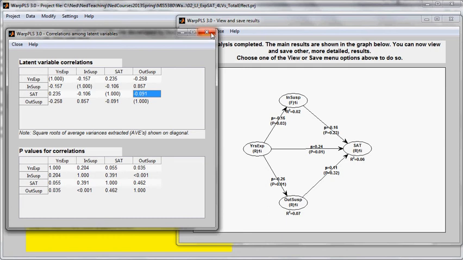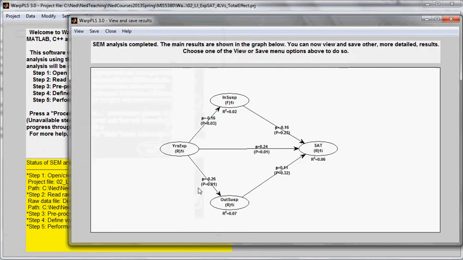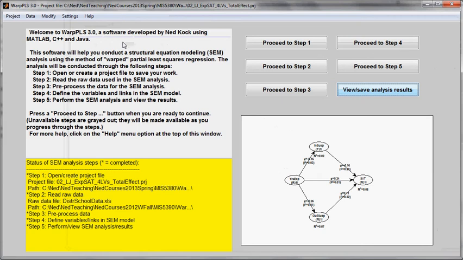So what this tells me is that perhaps this variable doesn't belong here. So this link, mediating link, doesn't belong here. So what I'll do is I will redo the analysis with a different model, excluding this variable from it, and see what the results are.